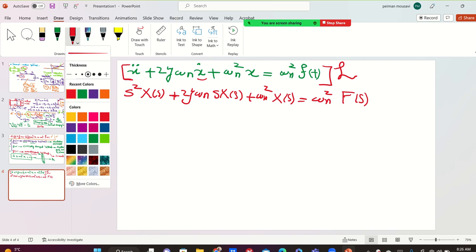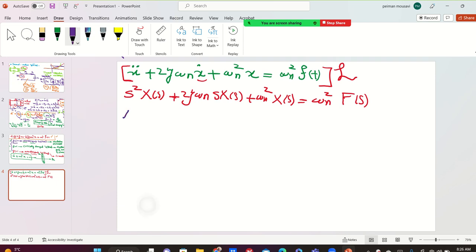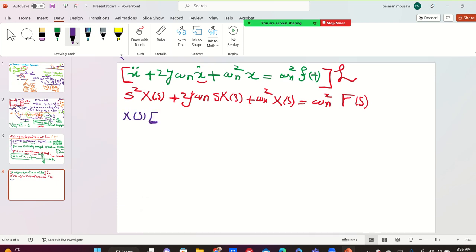On the other hand, x of s, if you factor out, is s squared plus 2 zeta omega n s plus omega n squared equals omega n squared f of s.